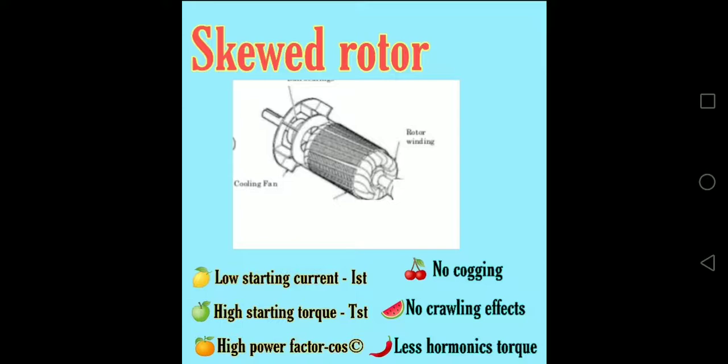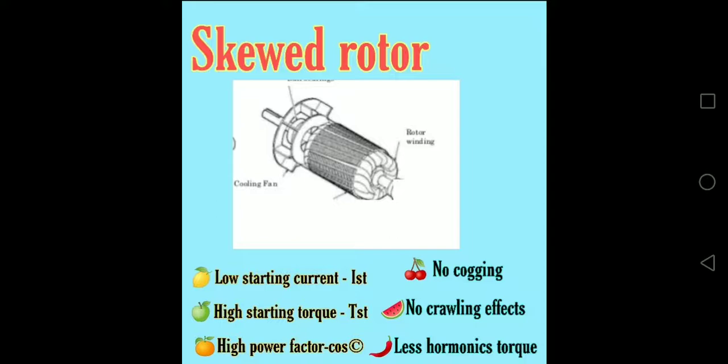This occurs more in the squirrel cage induction machine because the slots are directly placed. The rotor slots and stator slots are not inclined, that is, directly placed with 0 degrees. But in a skewed rotor, the slots are inclined with some angle to the shaft of the machine.